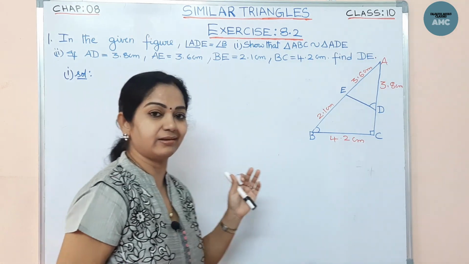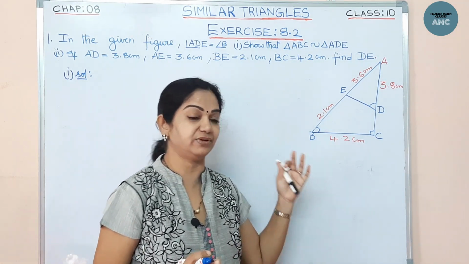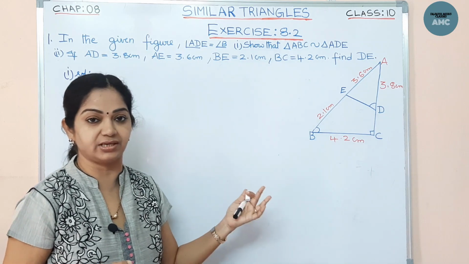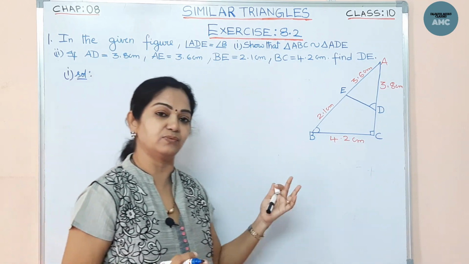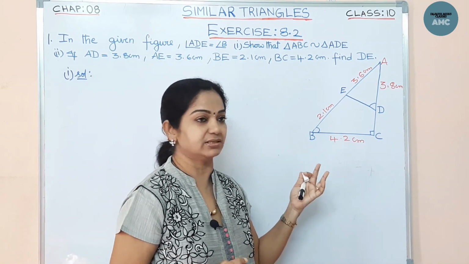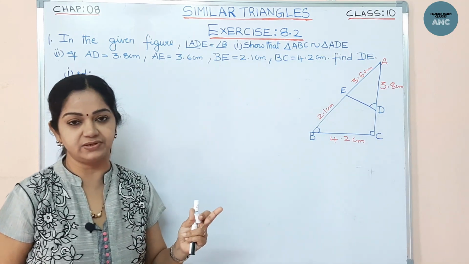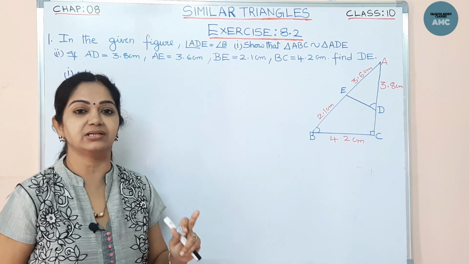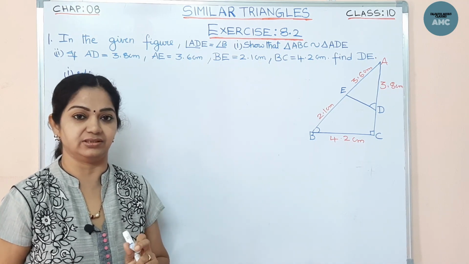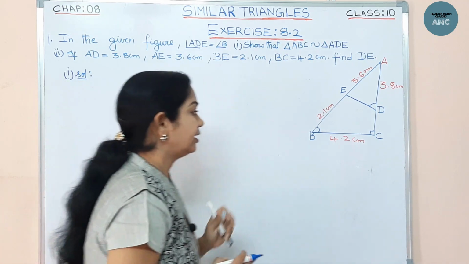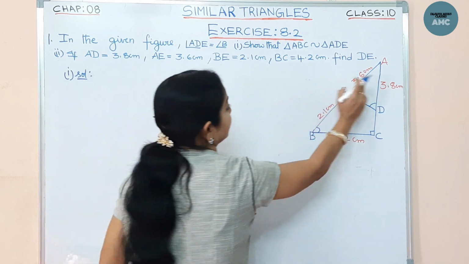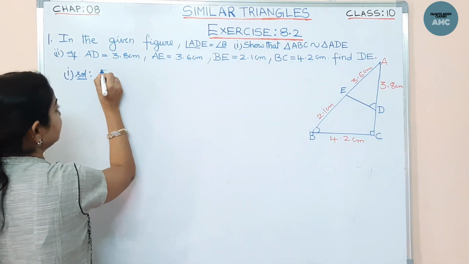For similarity, the criterions are three, which we have studied in part 2 of similar triangles. If you have not watched that video lesson, please go through the criterions. The criterions are the SSS criterion, the SAS criterion and the angle criterion. Three criterions are there.